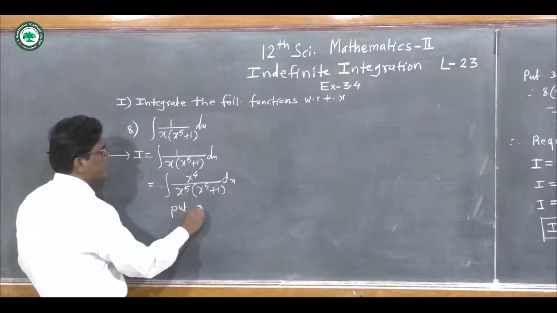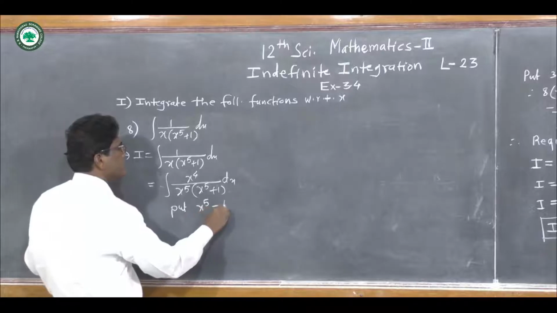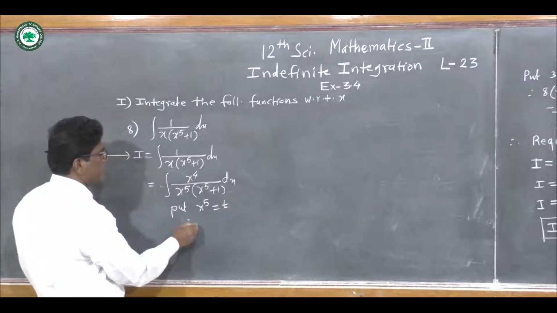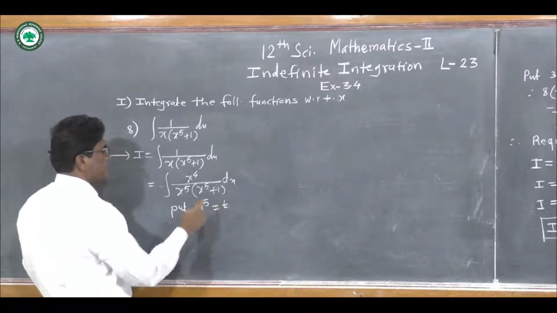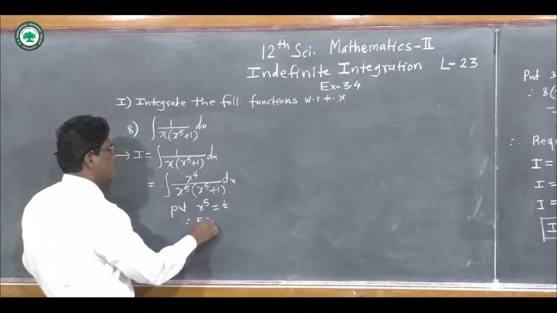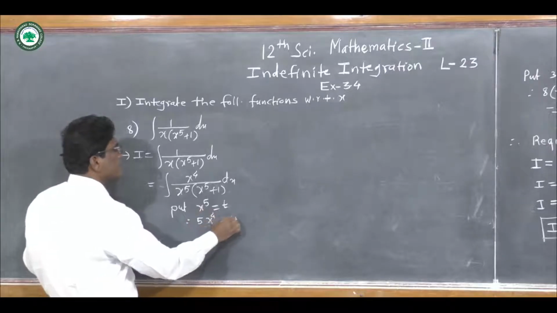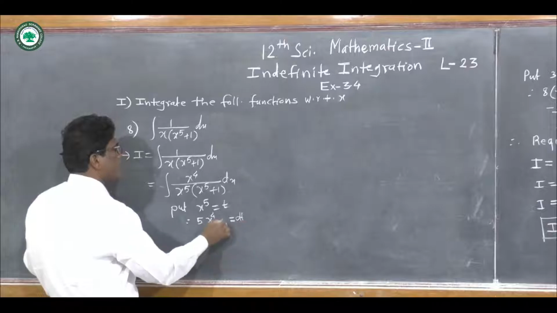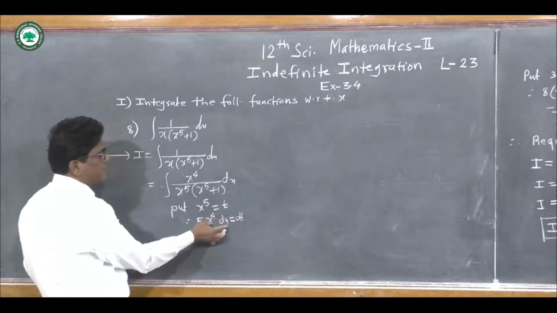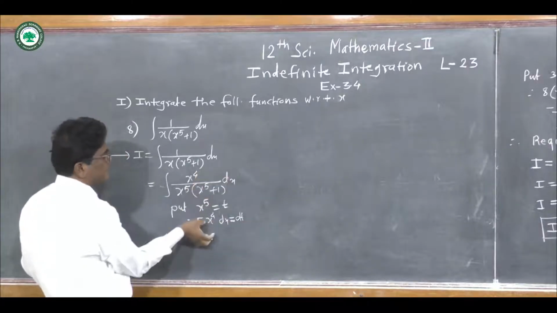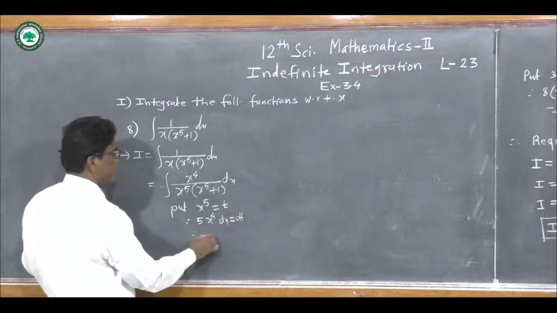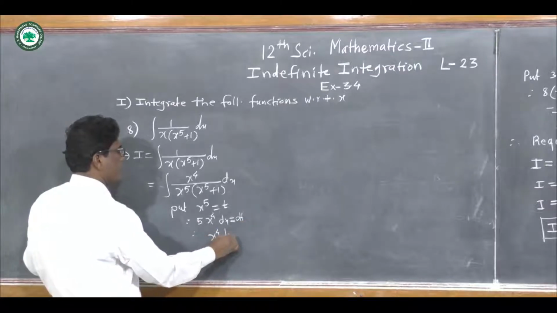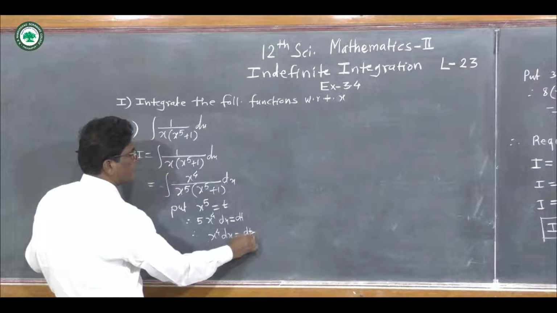Therefore, differentiating with respect to x, 5x to the power 4 is equal to dt upon dx, carry dx. So we get x to the power 4 dx, carry this 5, therefore x to the power 4 dx is equal to dt upon 5.